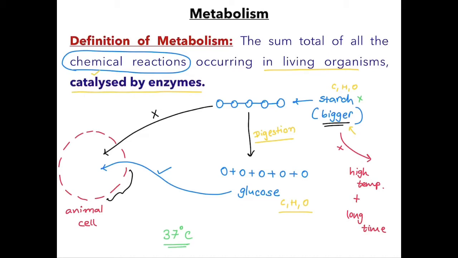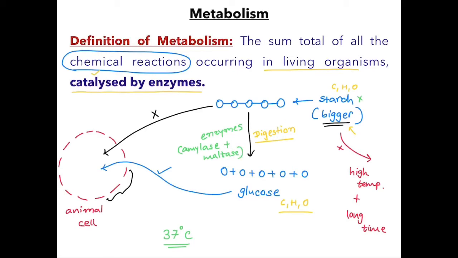So how is it getting digested in the body? Because we are having the enzymes. So the enzyme basically helps to digest the starch into the glucose. So in this case we are having amylase as well as maltase enzyme to digest our starch into the glucose molecules.